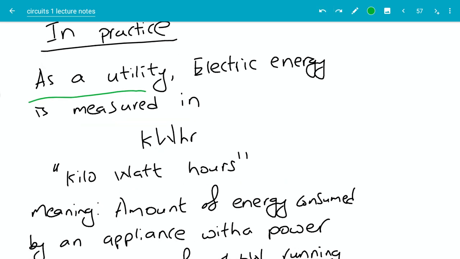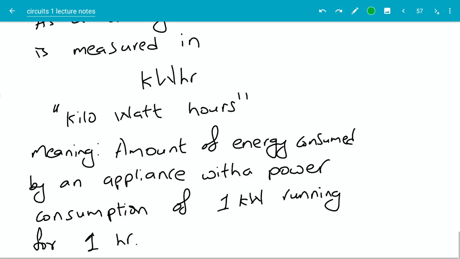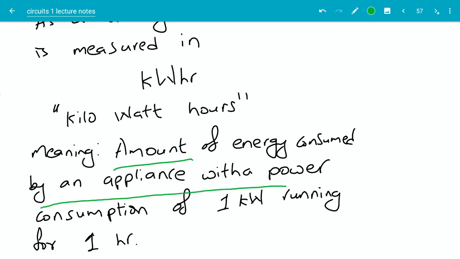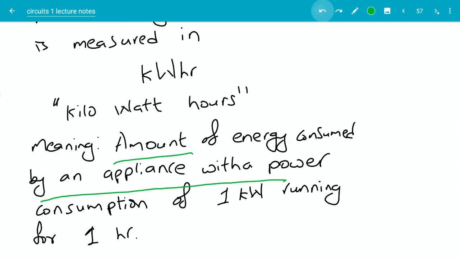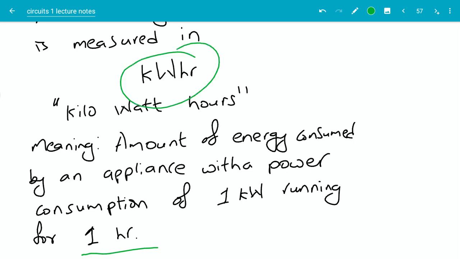So what does that mean? One kilowatt hour means the amount of energy consumed by an appliance with a power consumption of 1 kilowatt running for 1 hour. For example, if there's a microwave oven which has 1 kilowatt of power, and you run that for 1 hour, then the amount of energy it will consume will be 1 kilowatt hour.